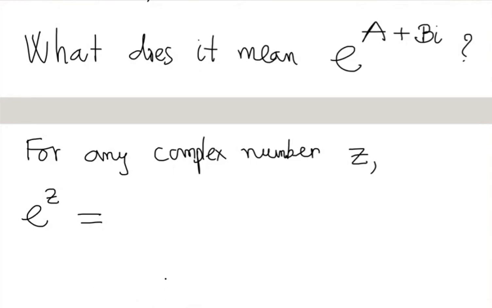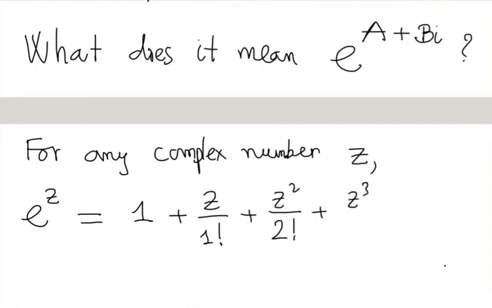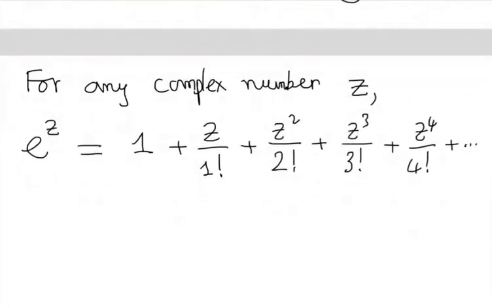So e to the z will be 1 plus z over 1 factorial plus z squared over 2 factorial plus z cubed over 3 factorial, z to the 4 over 4 factorial, etc. This is how we define e to the z for any complex number.